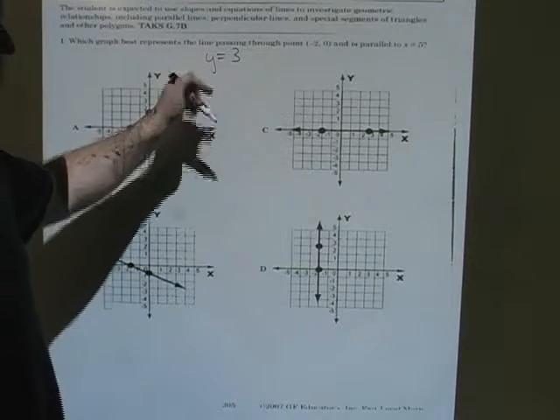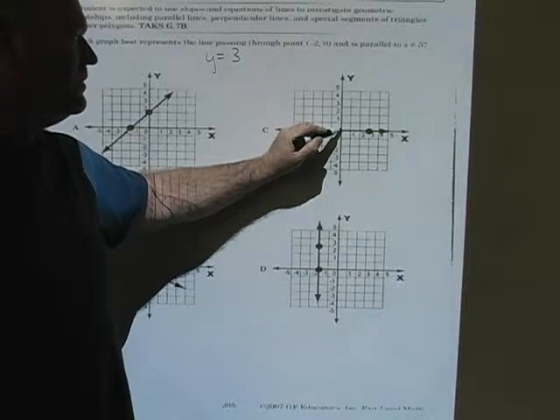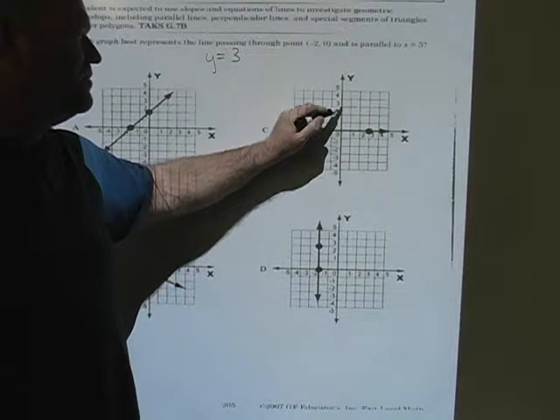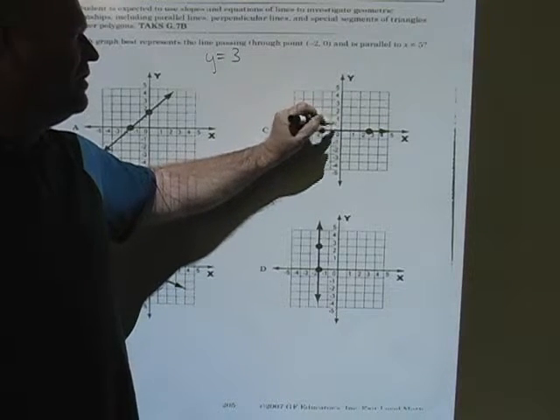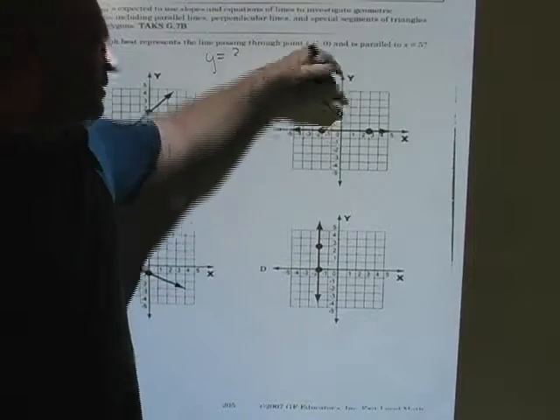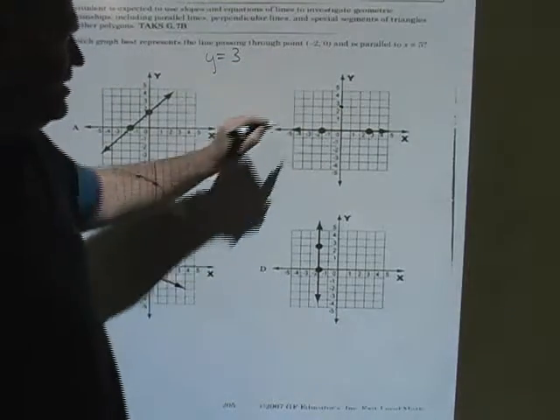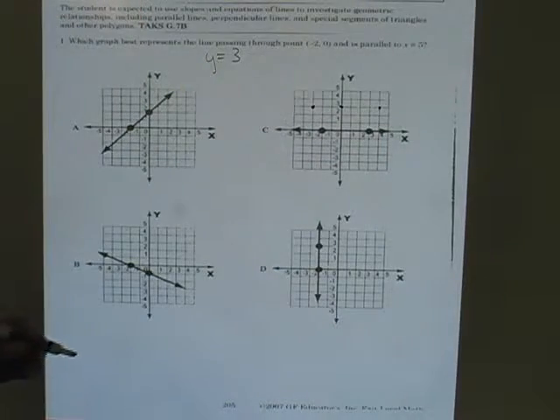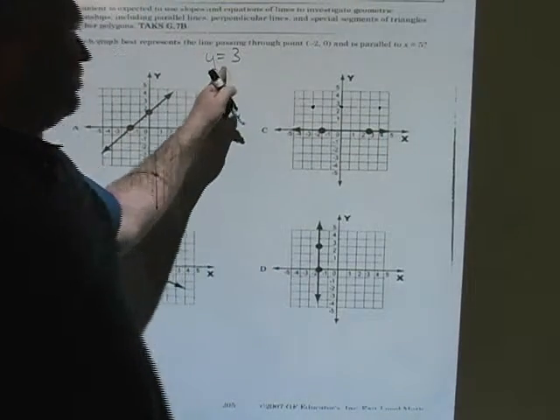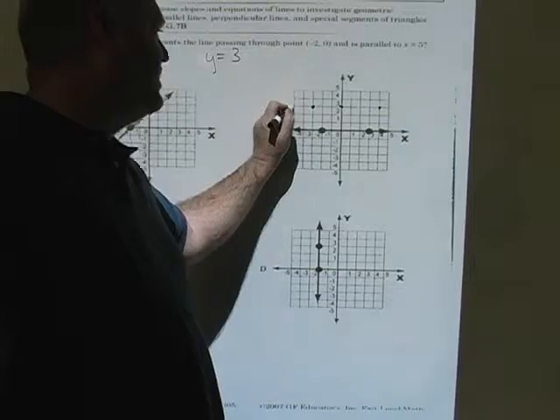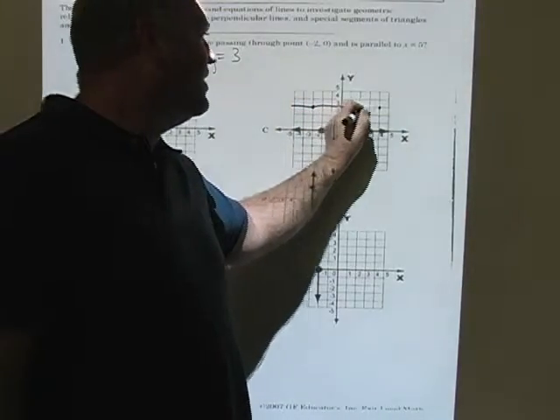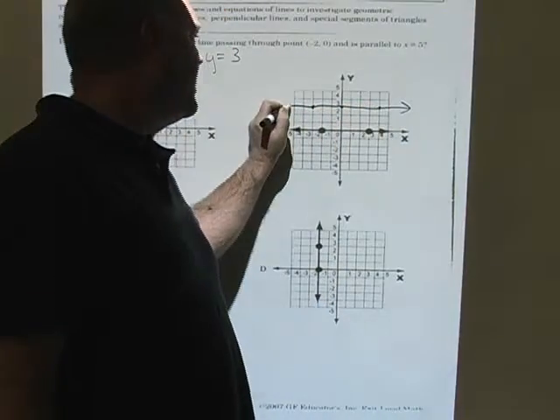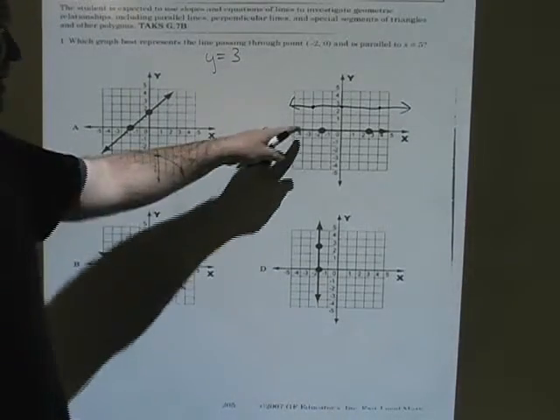Because when y equals 3, go up to 3 right here. y equals 3 right there. It also equals 3 right here and right here, doesn't it? So the line y equals 3 is a horizontal line. And it would be parallel to this one.